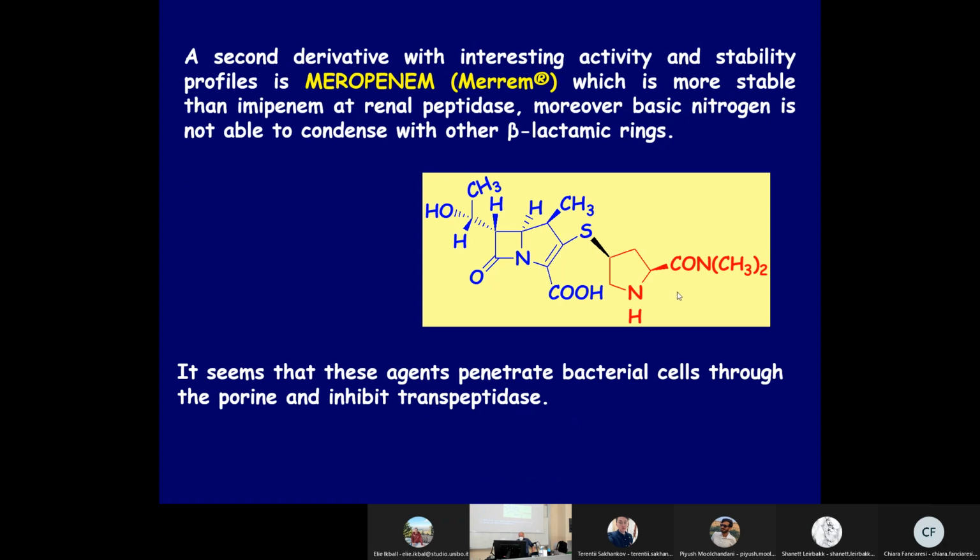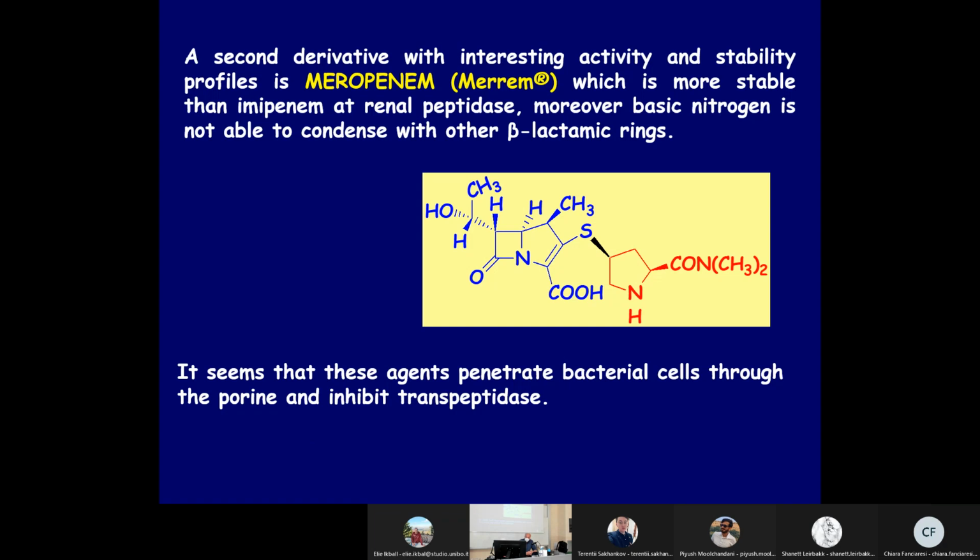Once again, you can see another antibiotic of the same class called meropenem. You see in blue the chemical structure of imipenem, thienamycin, and it's like when you see a new car on the market.